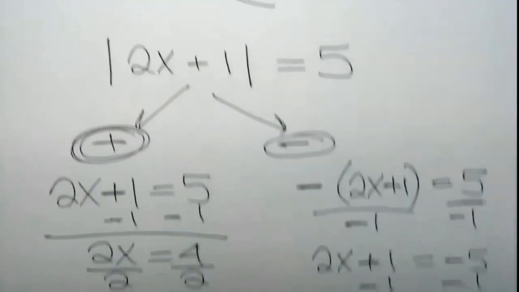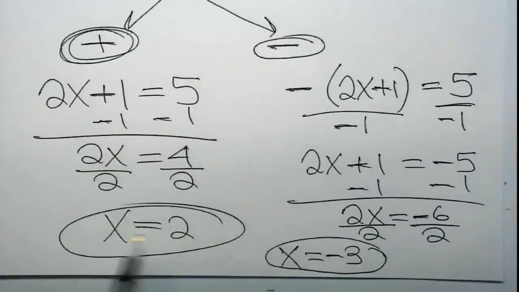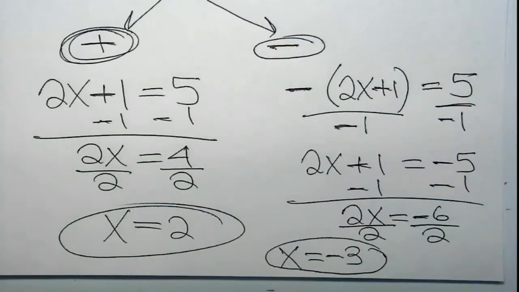You would go through these 2 procedures and you would get 2 answers, but they would be extraneous. They can't be right. So it's always a good idea to check your answer, or if you want, just check up front that it doesn't say equals a negative quantity, because there's no solution to that. So I would either check the answer or check for absolute value equals negative and say, nope, no solution to that, and continue. Let's look at inequalities.